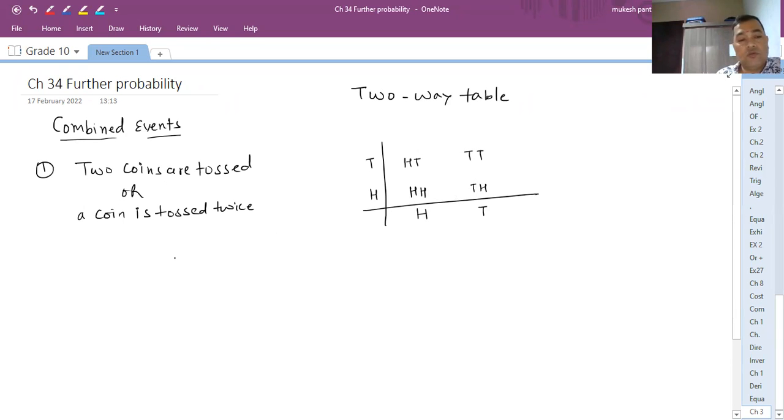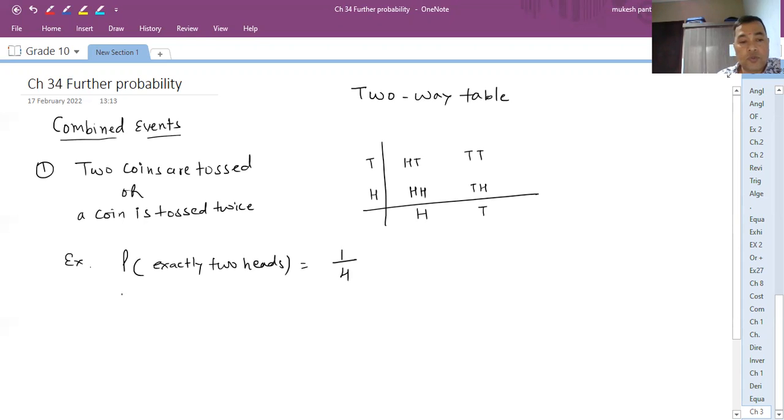Okay, so for example, we have to find the probability of exactly two heads. There is only one favorable outcome in which we get exactly two heads, so one favorable outcome out of 1, 2, 3, 4.